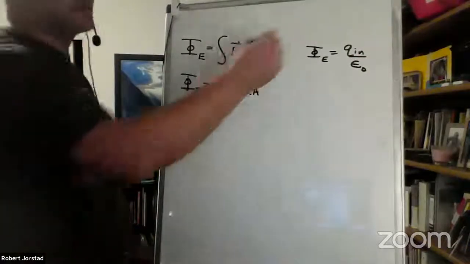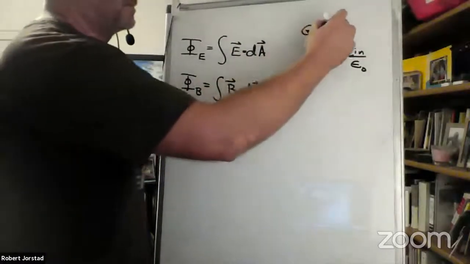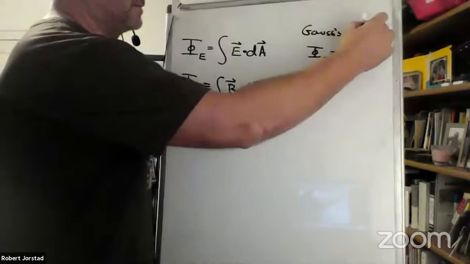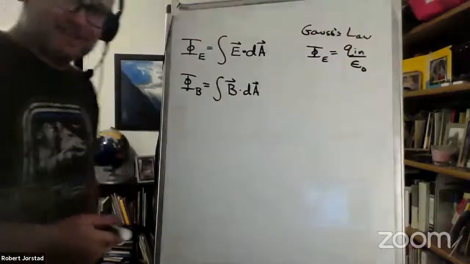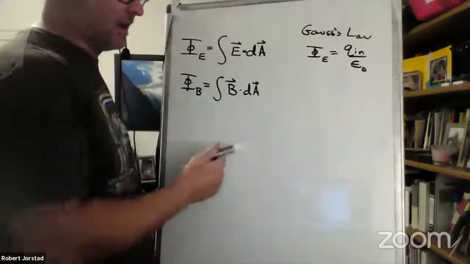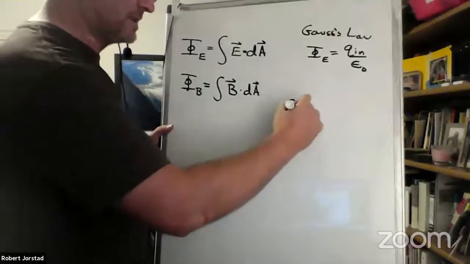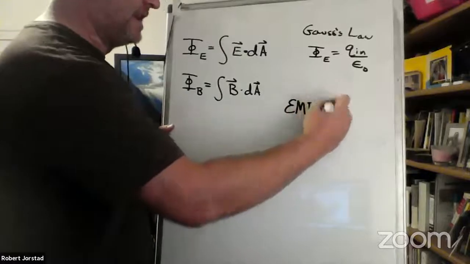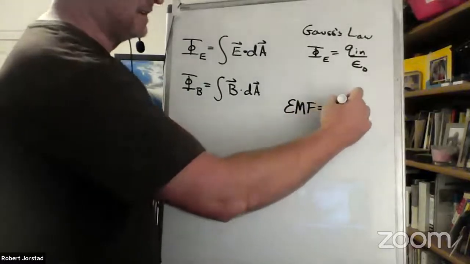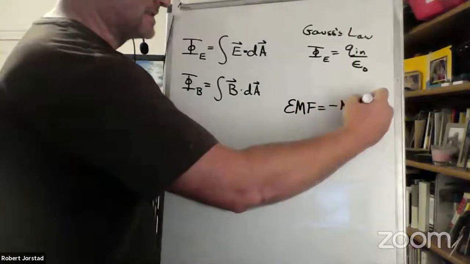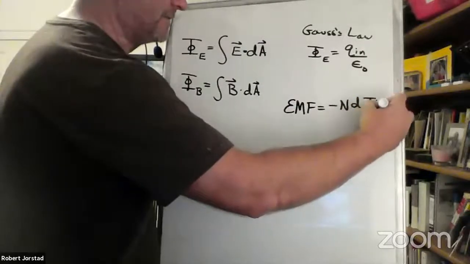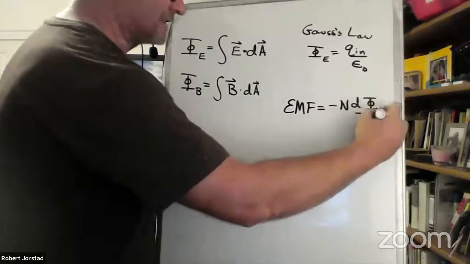And that was called Gauss's law. Okay. It turns out Faraday's law looks a little bit like that. It turns out induced voltage, sometimes called EMF, is equal to minus the number of loops times the time derivative of magnetic flux.